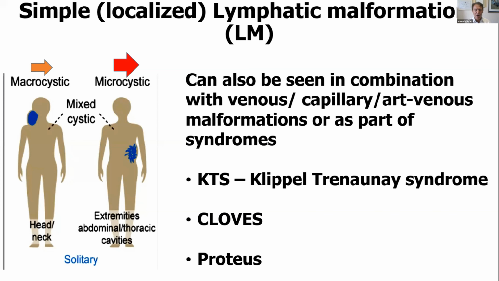They can also be seen in combination with other vascular malformations, such as venous, capillary, or arteriovenous malformations. And they can be seen as part of syndromes like KTS or Klippel-Trenaunay syndrome, CLOVES syndrome, or Proteus syndrome. But all of these tend to be solitary. So you have one lymphatic malformation somewhere in your body.